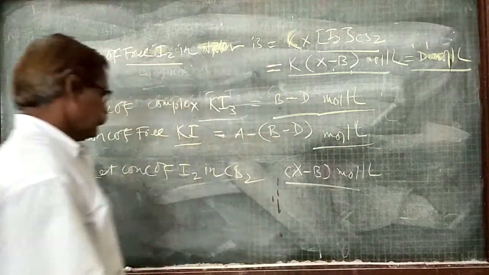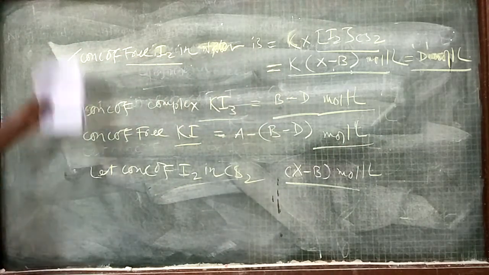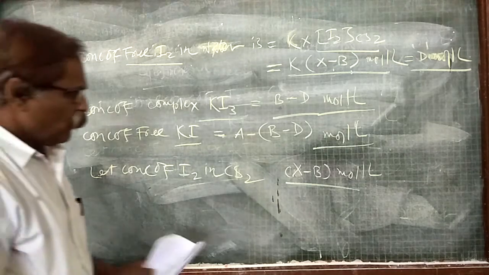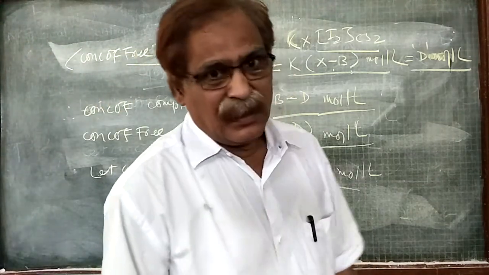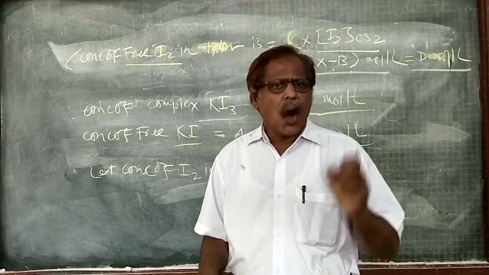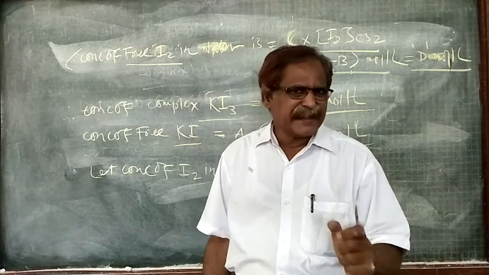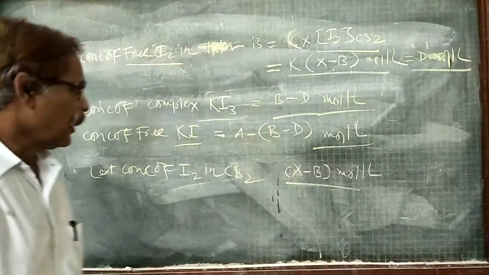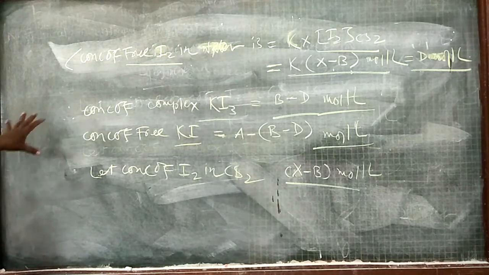Now we know the concentrations of all the species needed for calculating the equilibrium constant of the reaction: the concentration of free KI, the concentration of free iodine, and the concentration of the complex at equilibrium.